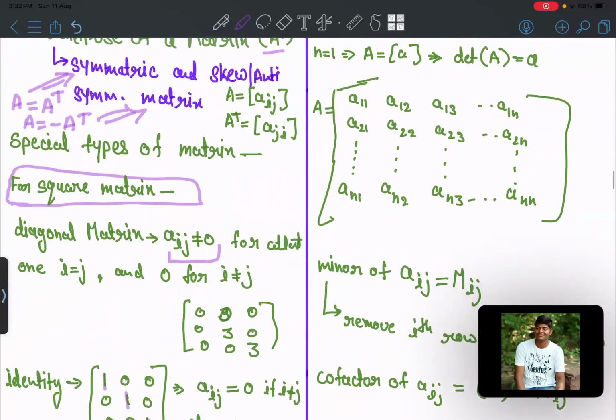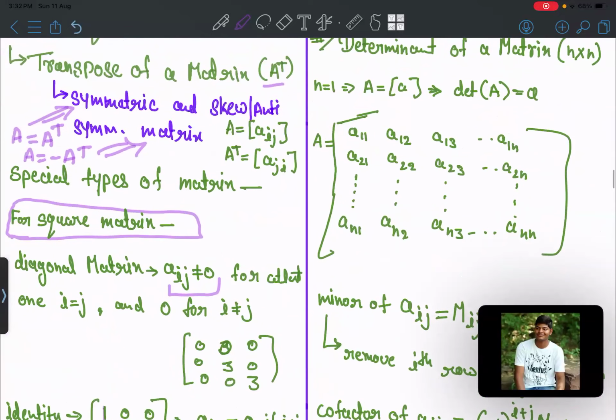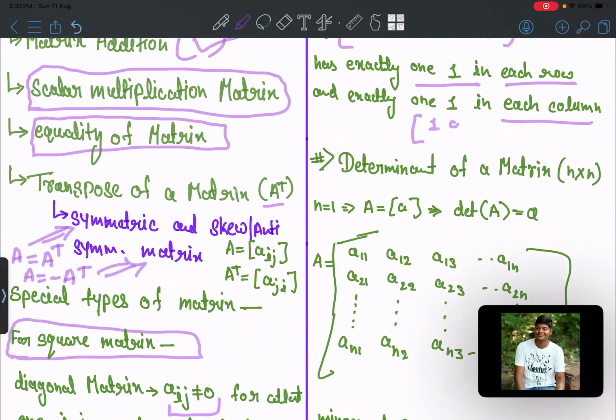Suppose I represent 1 0 0, 0 0 1, 0 1 0. This is a type of permutation matrix, since the first row has only one 1, the second row only one 1, and the third row only one 1. If you look at the columns, only one 1 is present in each column.